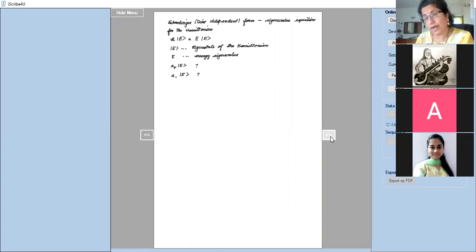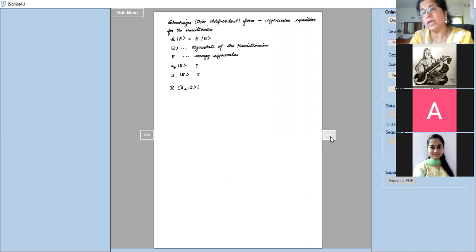In order to find out what it is doing, we need to operate this Hamiltonian on this A plus acting on E. We will not be able to figure out the action of A plus on the energy eigenstate just by doing the operation, because we don't know what it has done.